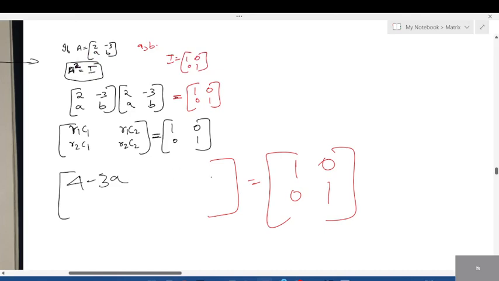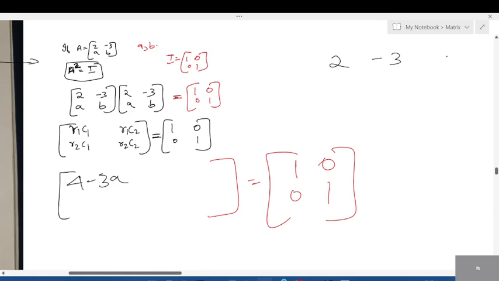Row 1, column 2. What is row 2? I mean, what is row 1? What is row 1? 2 and minus 3.